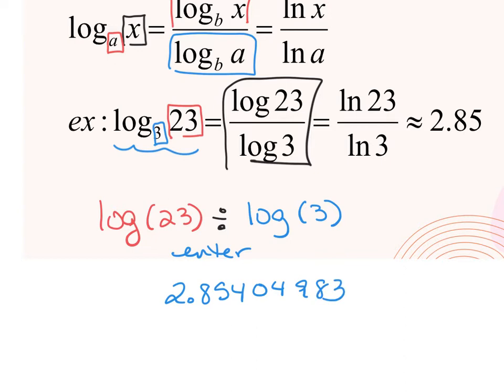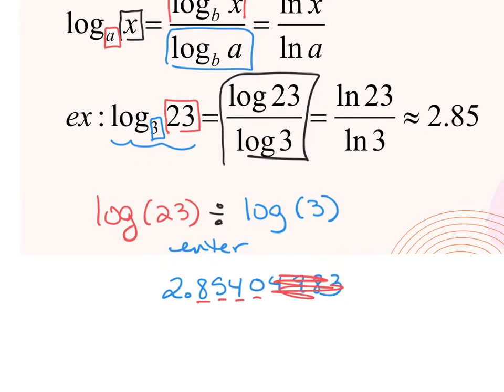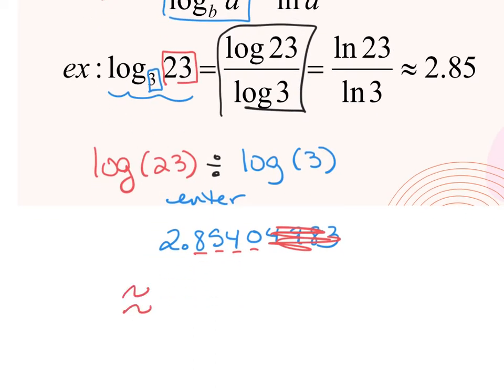2.85404,983. We are going to truncate this to 4 places. So what that means is anything after 1, 2, 3, 4, forget about it. So truncated to 4 places, the final answer here is 2.8504. If it said 3 places, then you'd cut off the 0.